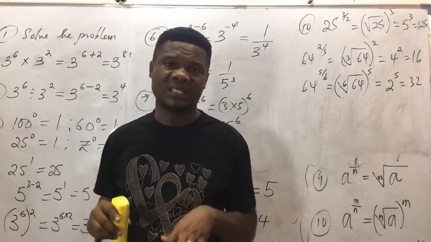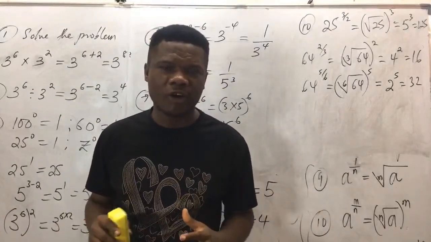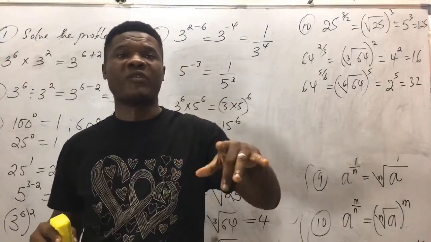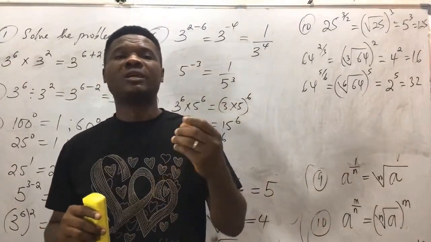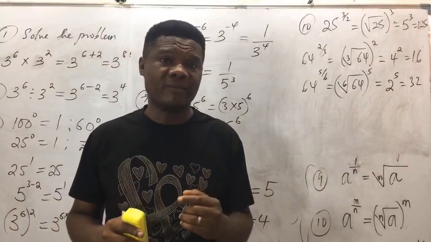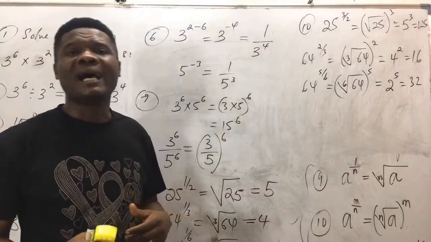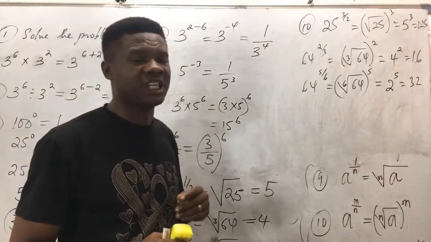And we have explained that in this video. What indices is defined to be, what index notation or index form of a number is, and what remarks can be made on the uniqueness or non-uniqueness of the index form of a number and the expanded form of the index form of a number.